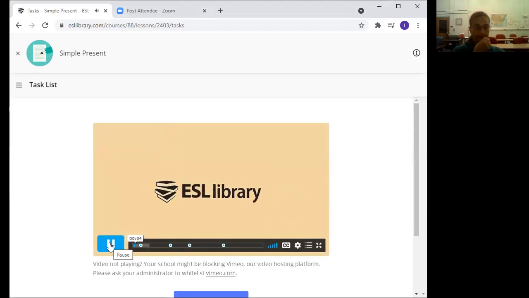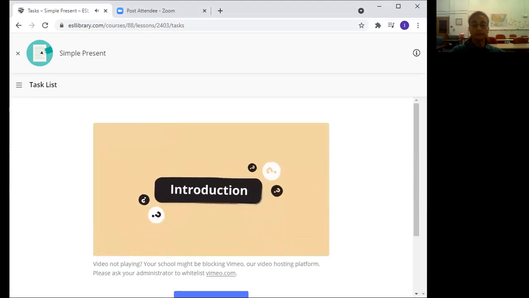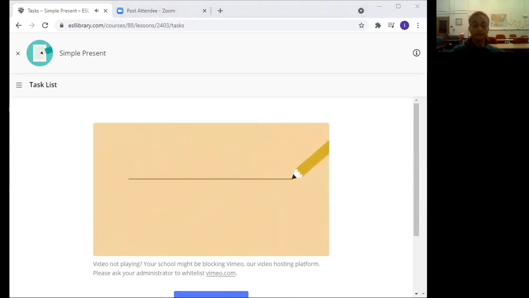ESL Library. Simple present. What are verb tenses? Verb tenses show the time that an action takes place. The simple present is a verb tense. We use the simple present tense for repeated actions.